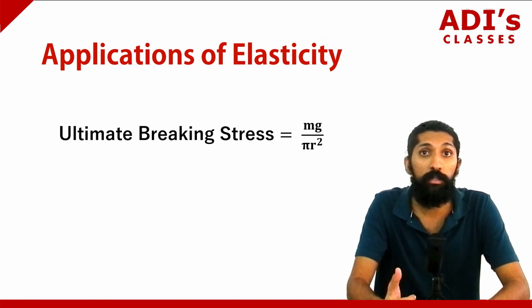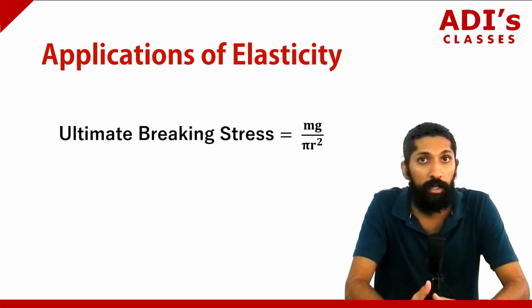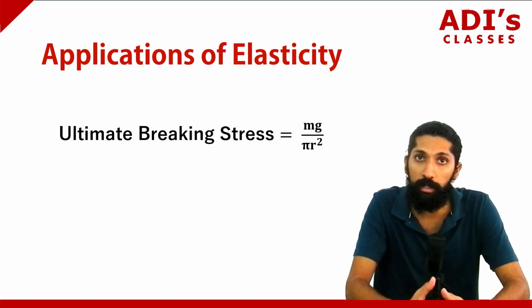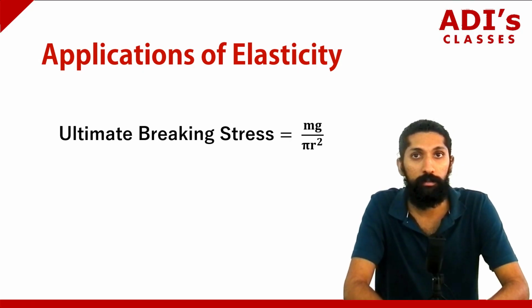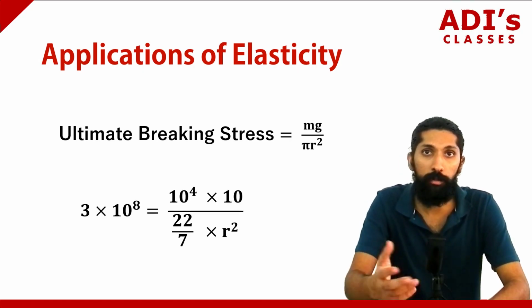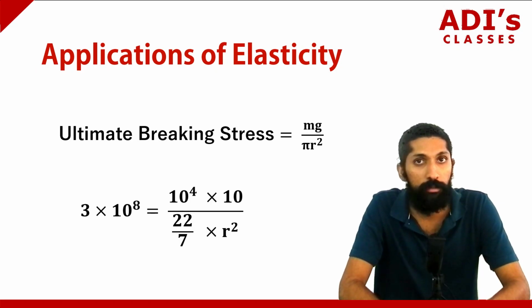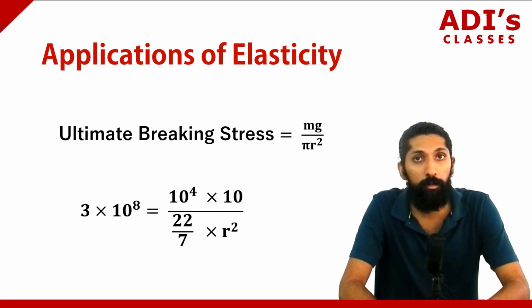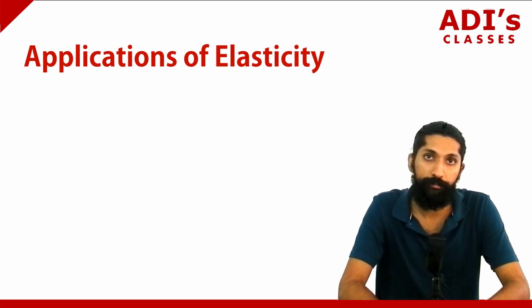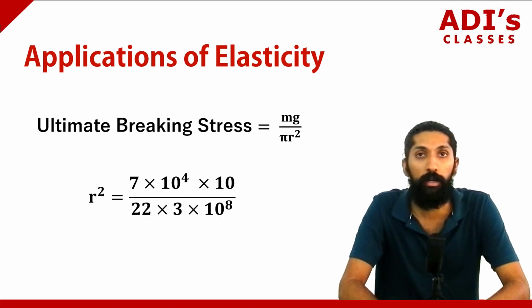Now, what will be the stress? Ultimate breaking stress is equal to force per area of cross section. Force is mg, the weight, divided by pi r square. Let's apply the numerical values. 3 into 10 to the power of 8 is equal to 10 power 4 into 10 divided by (22 by 7) into r square. We need the value of r.